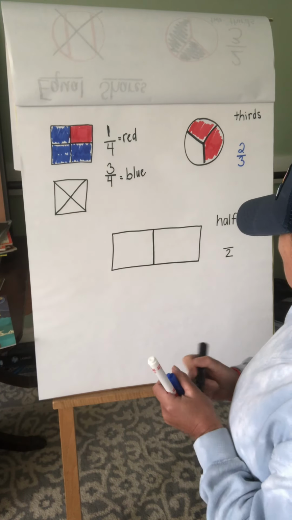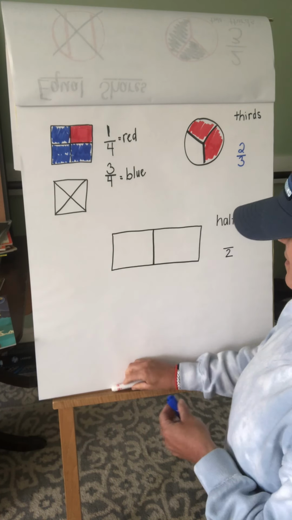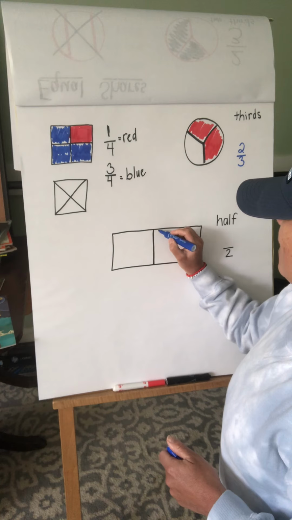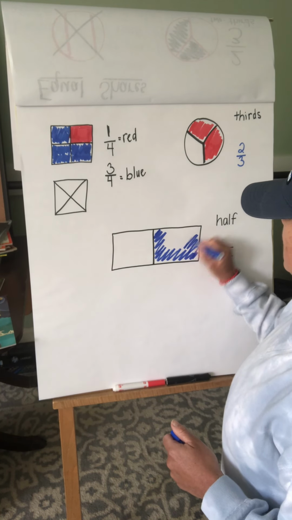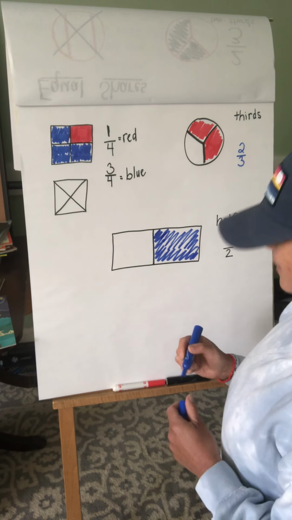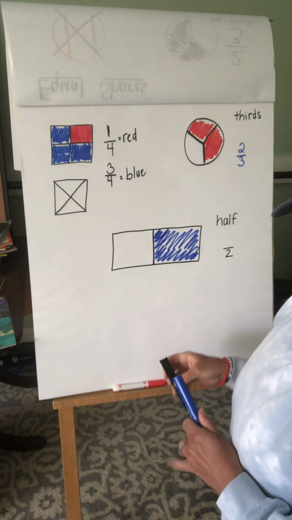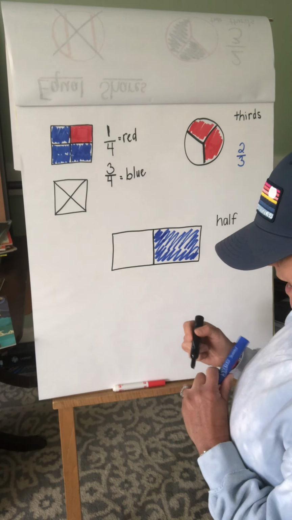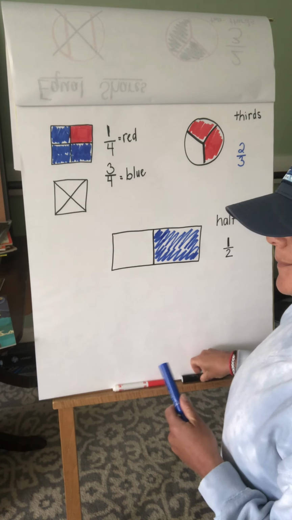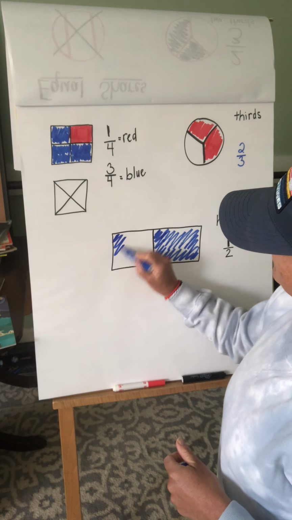All right? Now, what part is blue? 1 out of the 2 parts, or 1/2. But what happens if I decide to do this?